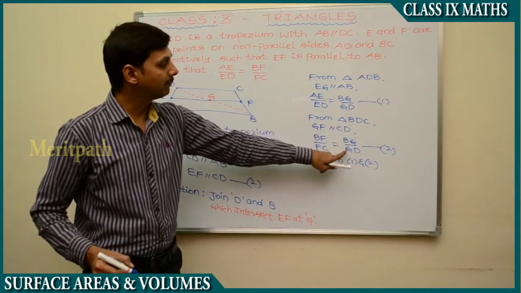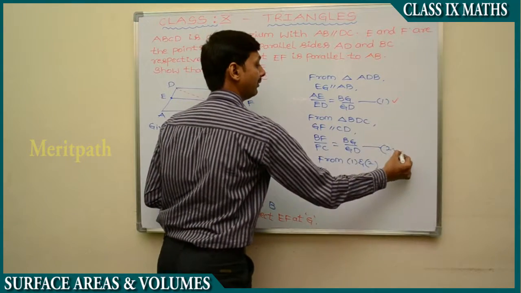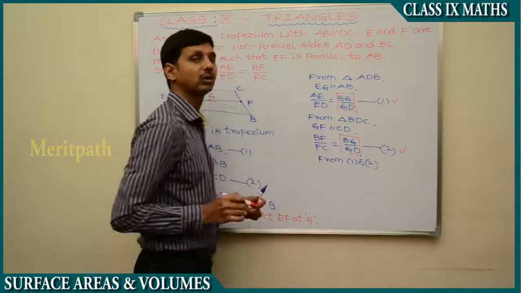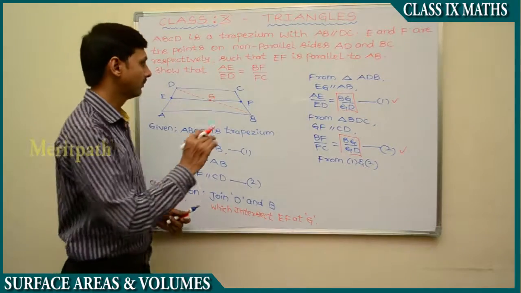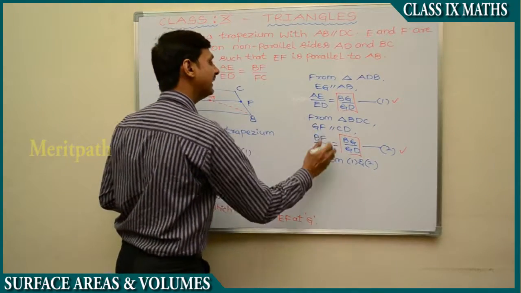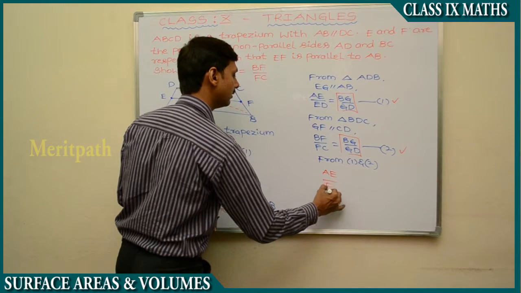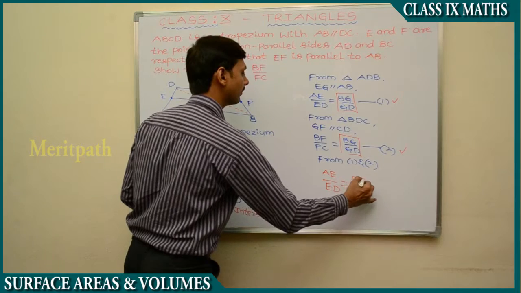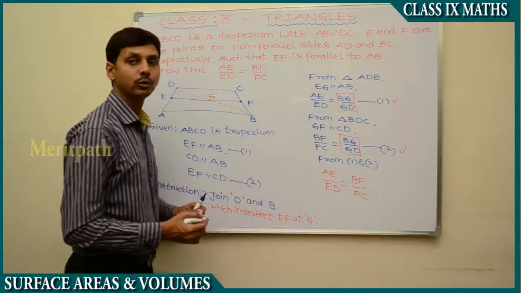BG by GD and BG by GD, these both are equal. So we can equate the left hand side parts also. So AE by ED is equal to BF by FC. This is what we needed to prove.